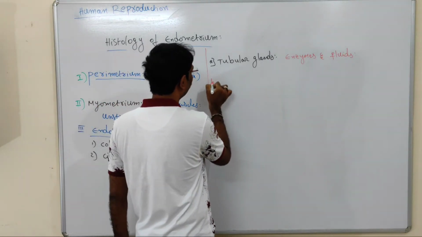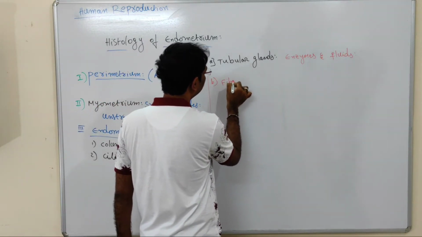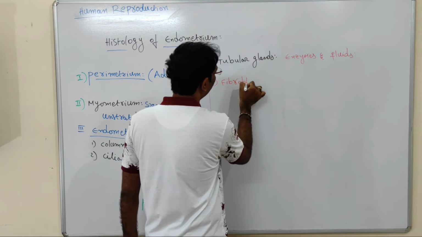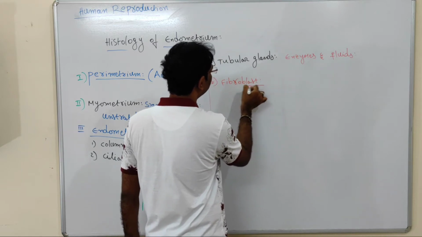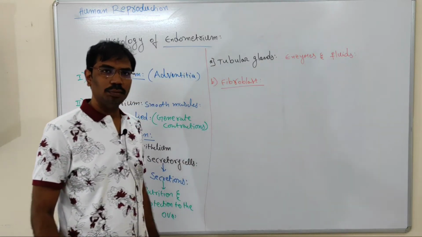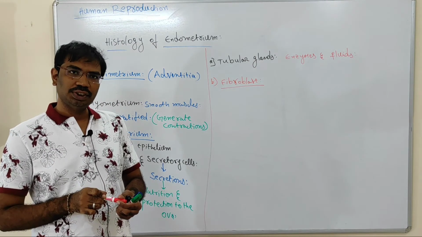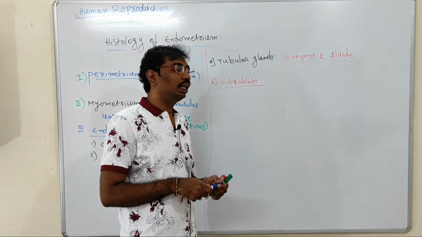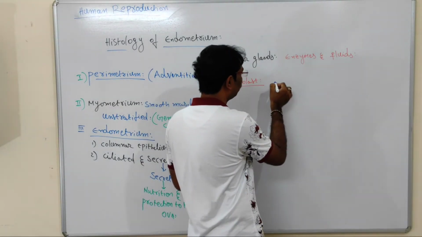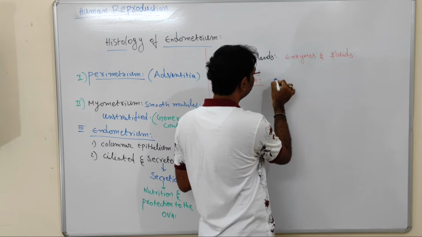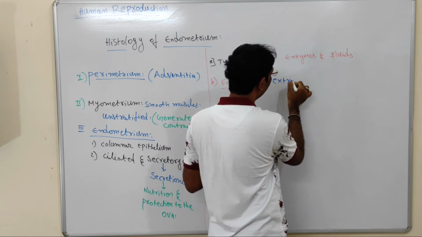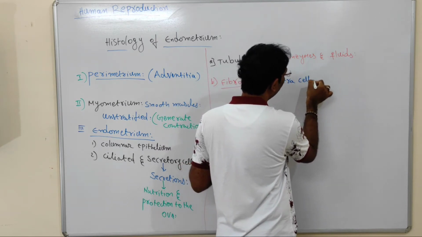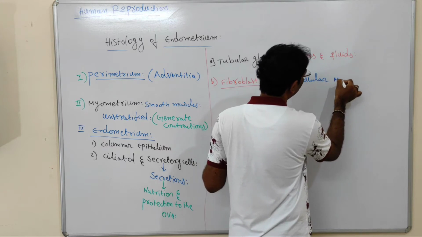And another one, fibroblasts. Fibroblasts are a kind of cell present in the endometrium. The fibroblast is important for the formation of the extracellular matrix.